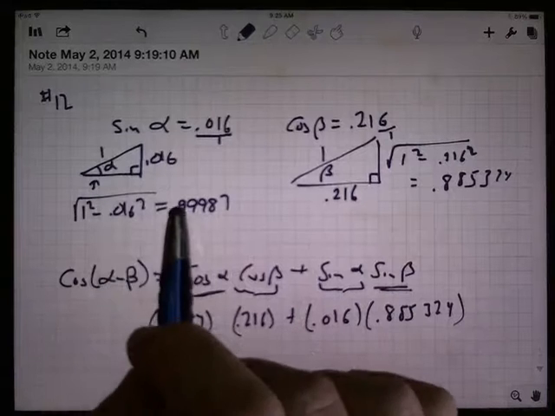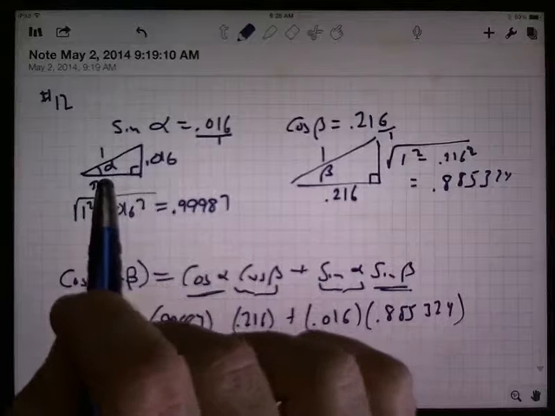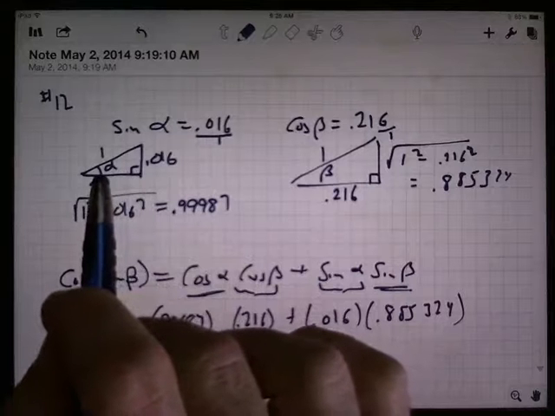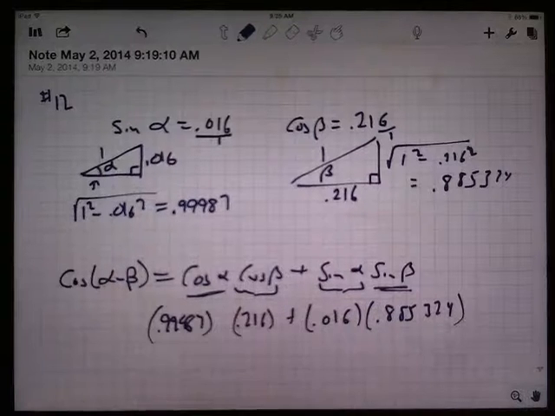This information tells me about a triangle with alpha as an angle, giving me the opposite side with a hypotenuse of 1.